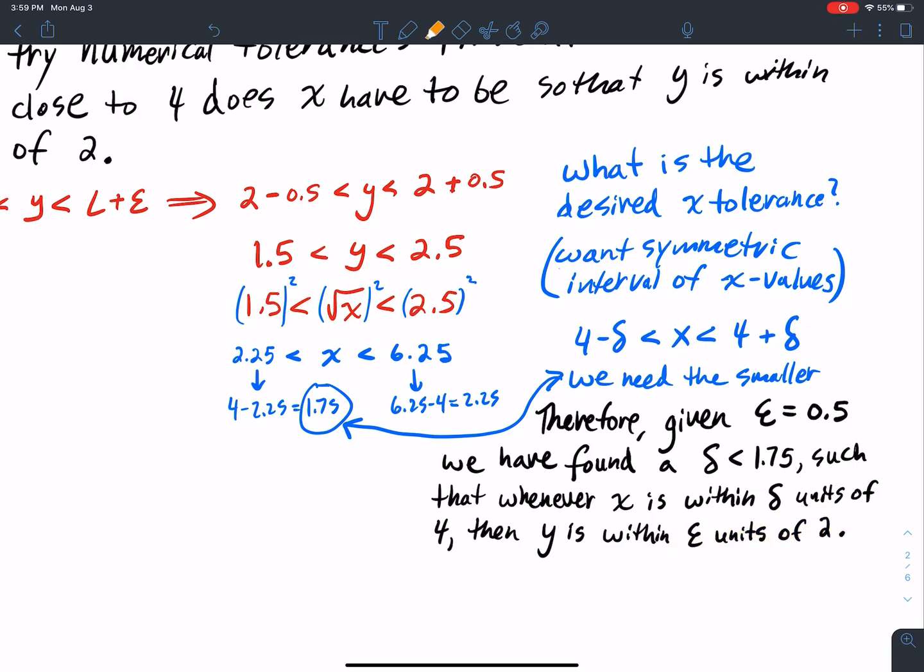So this shows us how to do it for some particular given epsilon value. We can find a delta such that this following statement is true.